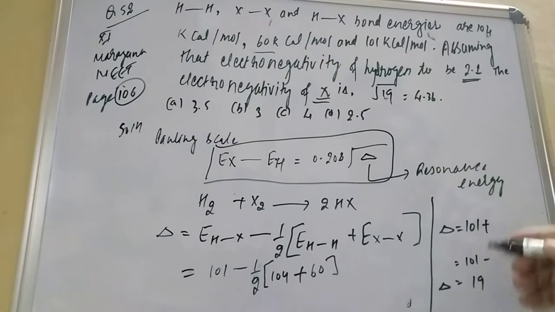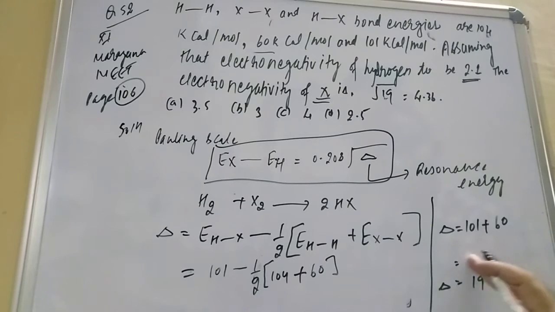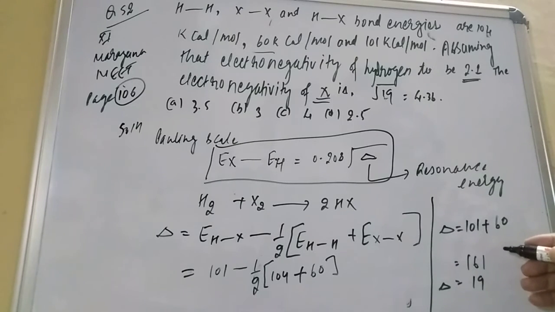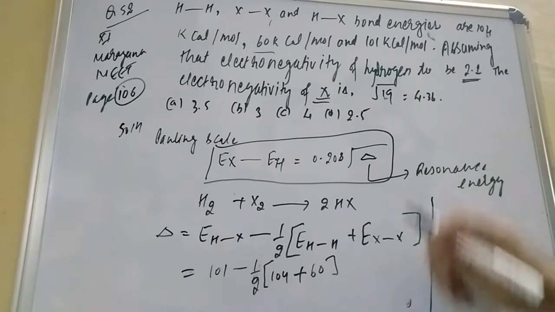In the formula, if you are adding this one, so how much is 60 is there? If you add it out, so how much is coming, student? That is the 161. Okay, 161 is there, and this 161. Wait, no, there is the mistake.